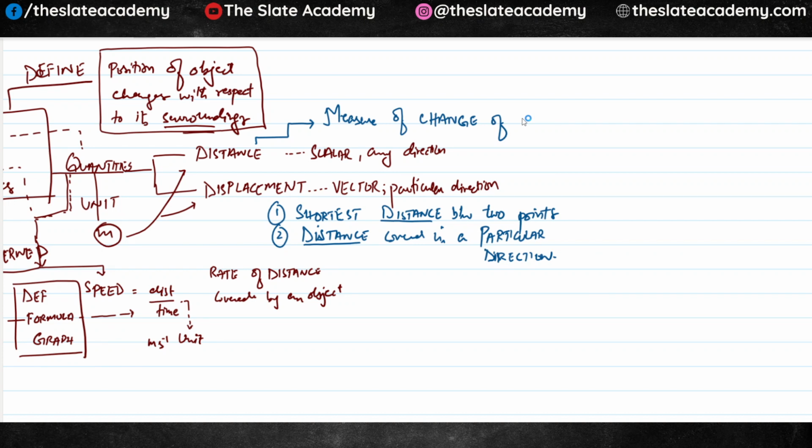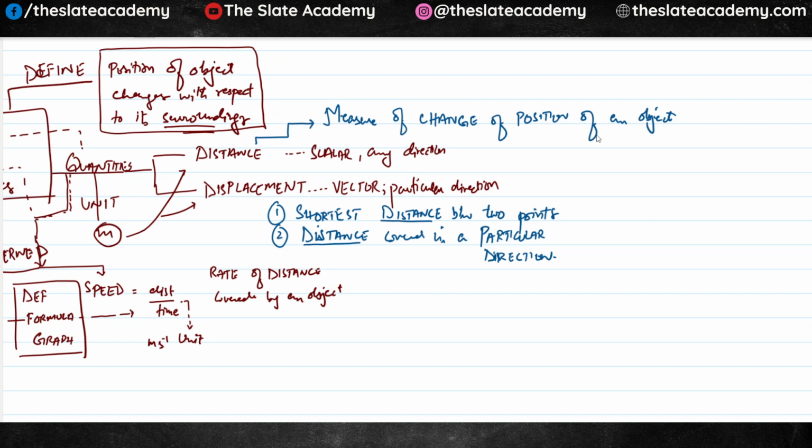Okay, so if an object is changing position, the way by which I measure how much it has changed its position would be the measure of the distance covered by the object.